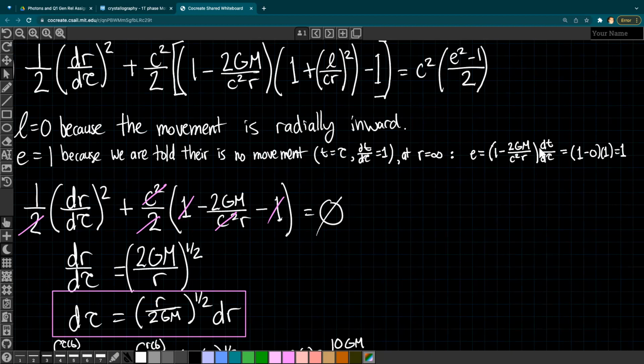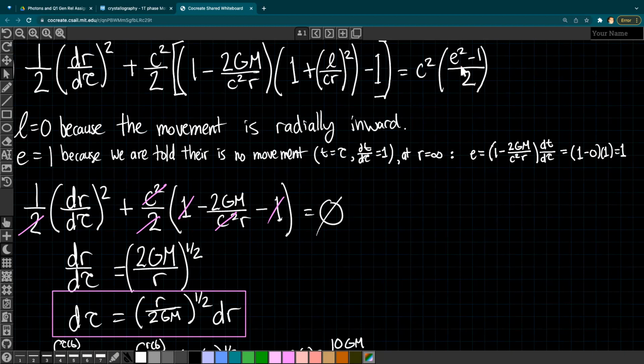If we substitute dt over d tau equals 1, we get 1. Of course, we can't just substitute r equals infinity. We would really be calculating the limit, so it's like saying the limit as r goes to infinity of e equals 1. But that's okay because e is also a constant, so we know it's supposed to be the same everywhere, including at positive infinity. So we're just going to set e to equal 1.